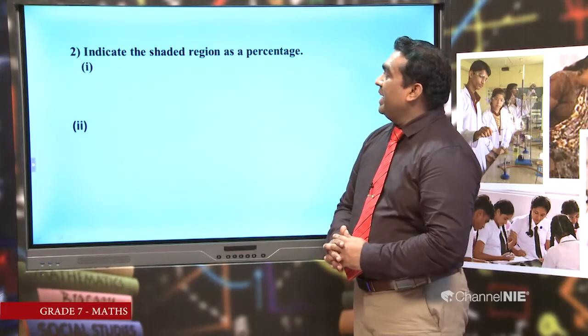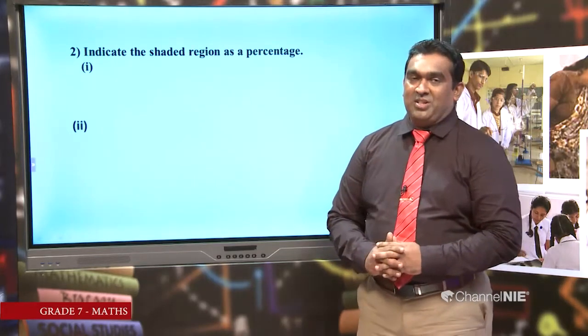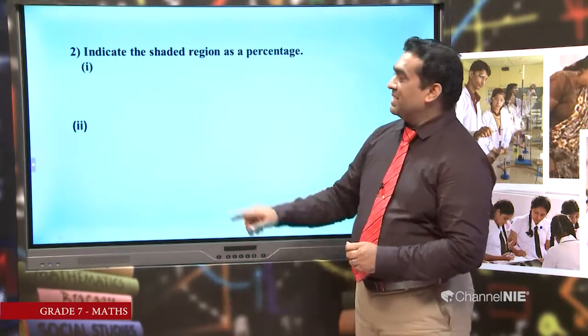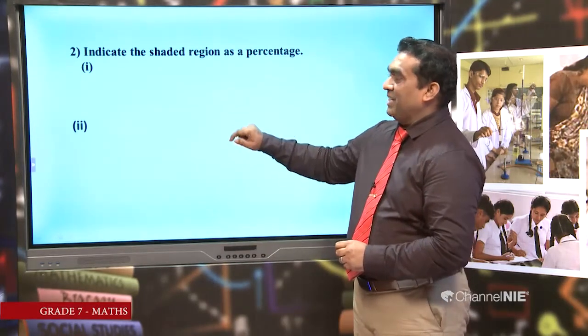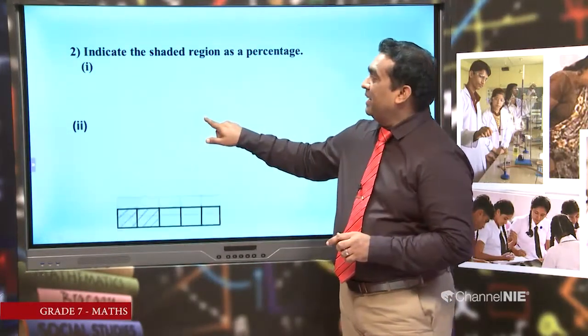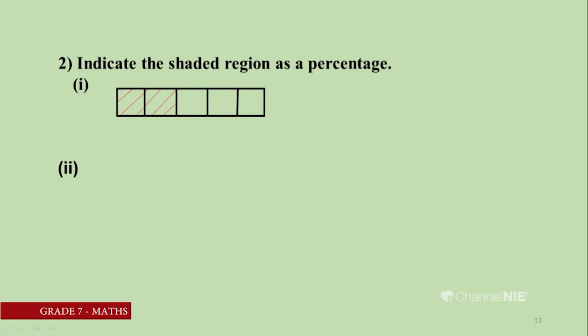Now, we can see: indicate the shaded region as a percentage. Shaded region as a percentage. Then we will see the shaded region. In that case, you have to find out the shaded region. The whole figure contains how many parts?